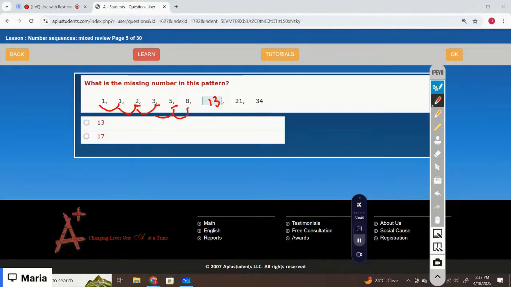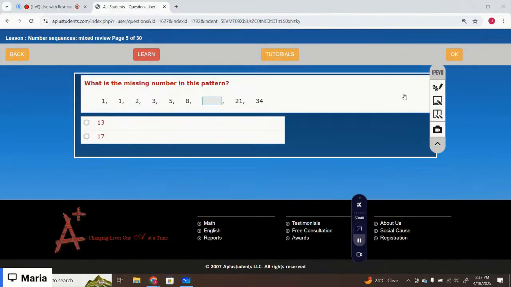So the missing one is 13. Option number 1 is the correct option.